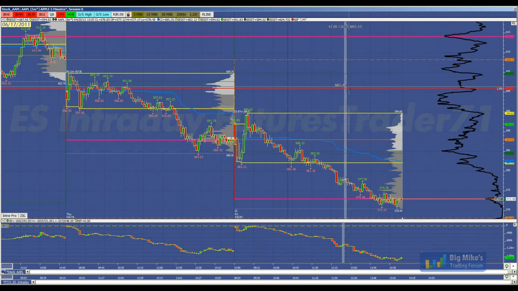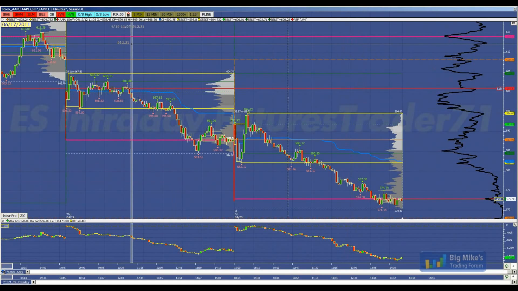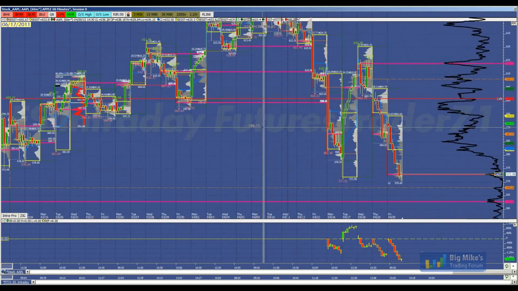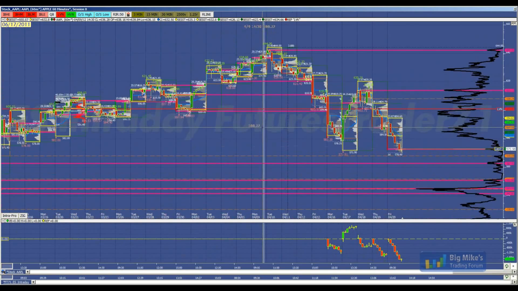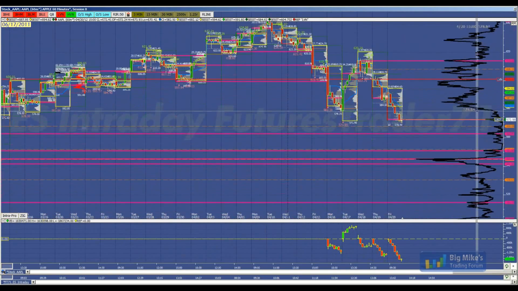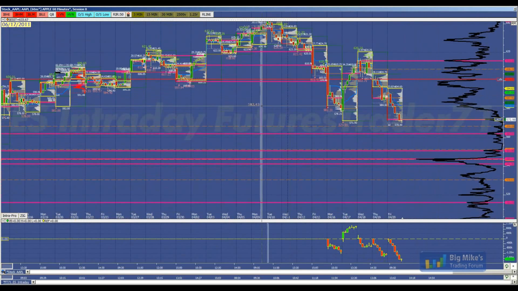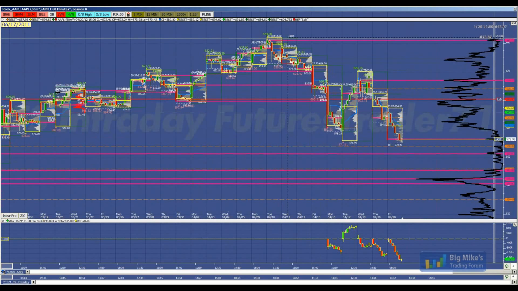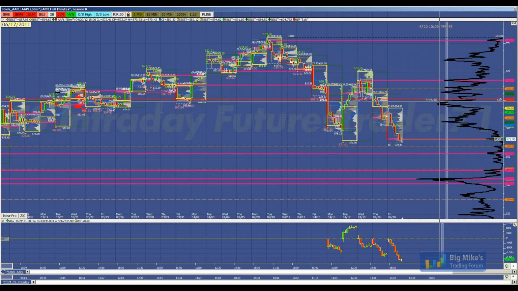If you look at the big picture with Apple, let's go to a 60-minute bigger picture. Look at Apple's volume distribution. Apple has made new all-time highs, and it traded a fair amount in these all-time highs. It has certain prices that it likes, right up here, but now it's getting into the low volume nodes.